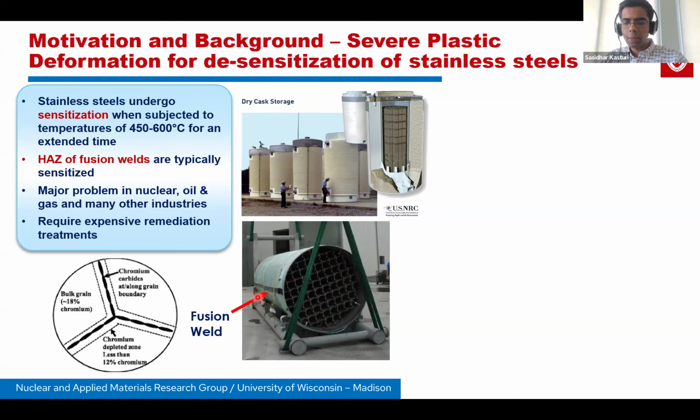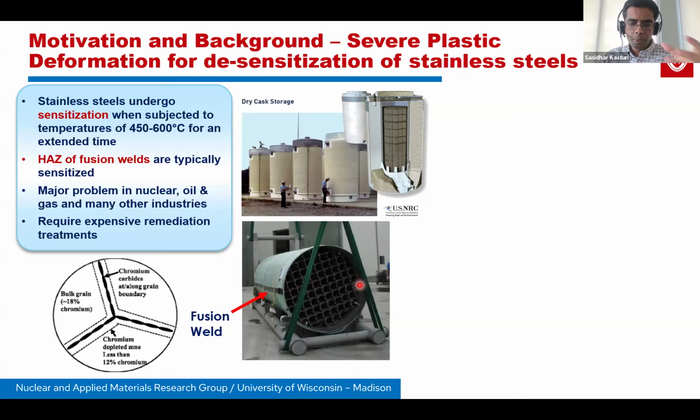So there is a problem of corrosion that can happen here when they're exposed for extended periods of time to corrosive environments like marine environments and so on, which is very typical for these storage canisters.